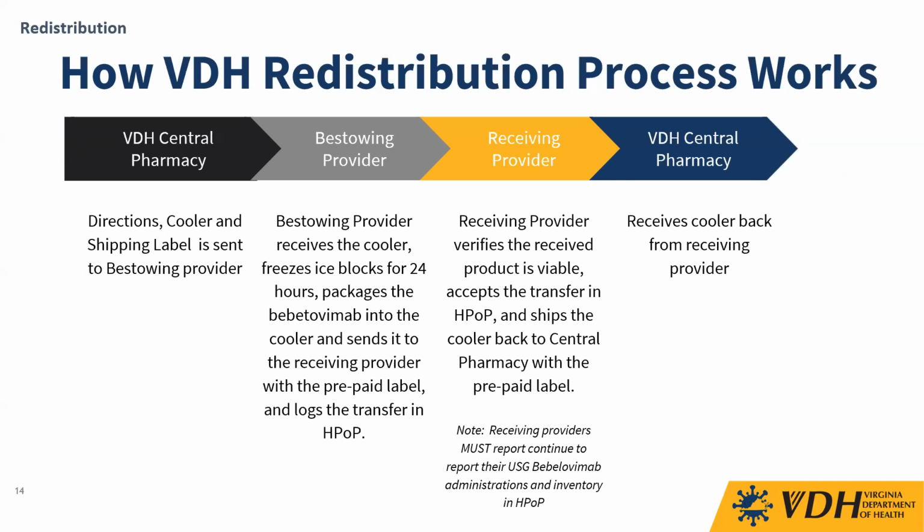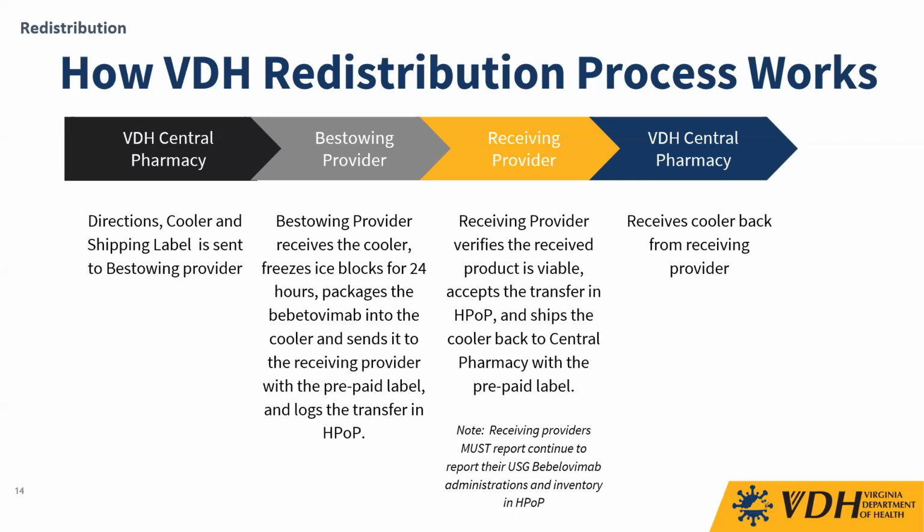Now, if you're redistributing oral antivirals, there is no need for the cooler, and you will receive an email and then can ship the oral antivirals to the receiving provider. And we provide the shipping labels. So back to, sorry, this was for MABs.